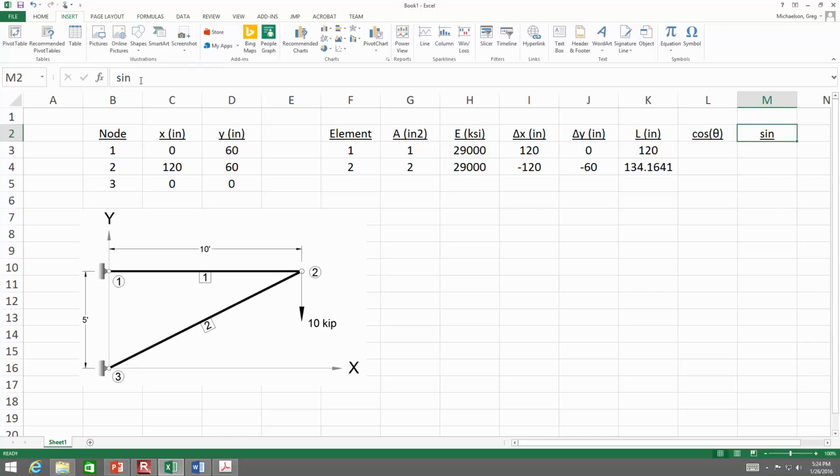Cosine, and that. You tell me, how am I going to calculate the cosine and the sine using this data? Let's start off with the cosine. How do I calculate the cosine? Well, cosine is going to be adjacent. But remember our formula. It should be right there. So tell me what to do.